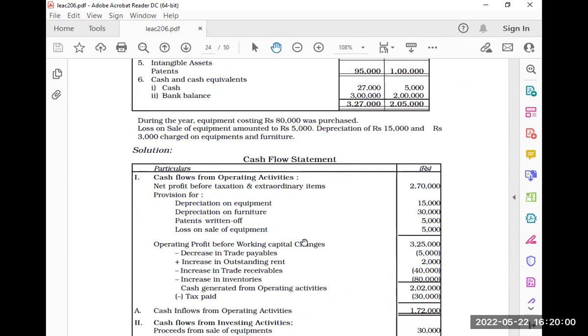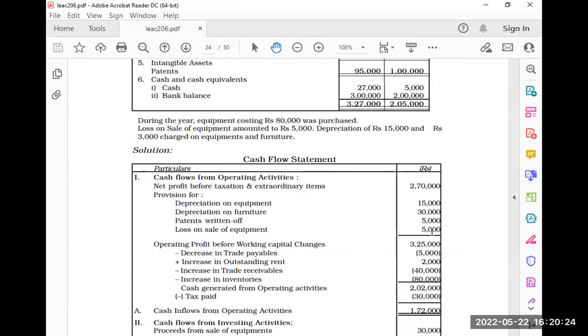Next, loss on sale of equipment. How do I find out? If it is given, I can take it. Otherwise, I have to find it out. Is it given here or not? Check it. Yeah, loss on sale of equipment, 5,000. I have taken it here. If 5,000 rupees loss on equipment is not given, you have to prepare one rough ledger account of equipment. Opening balance, debit side. Closing balance, credit side.